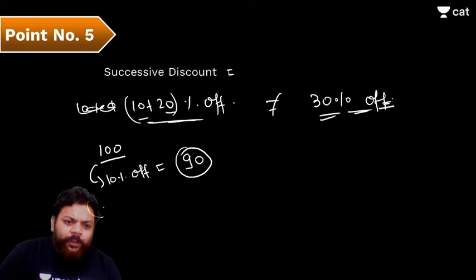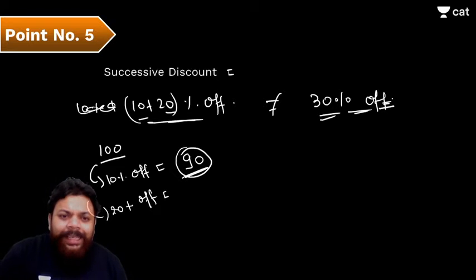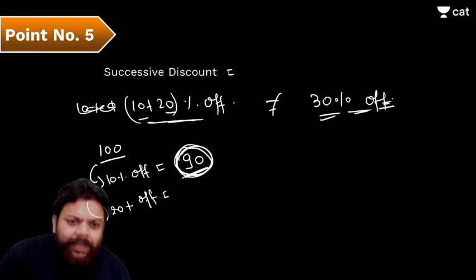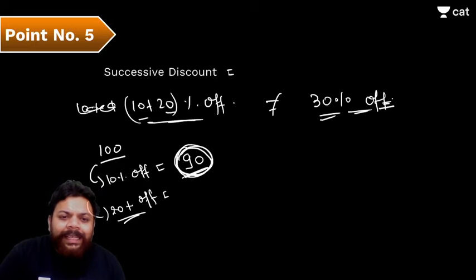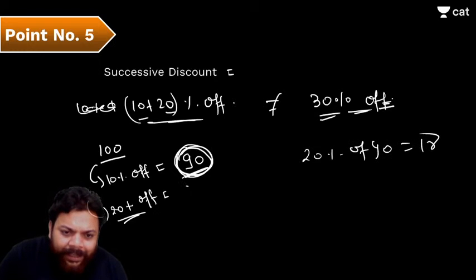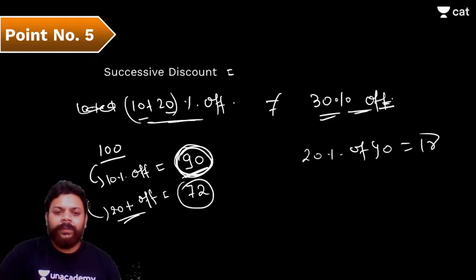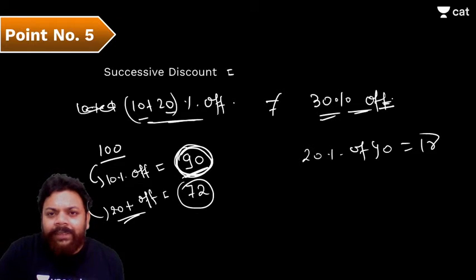And अभी जो 20% off होगा, that will be totally based on 90 only. So 20% of 90 is going to be 18. So once again you will get a discount of 18 rupees and you need to pay 72 rupees.